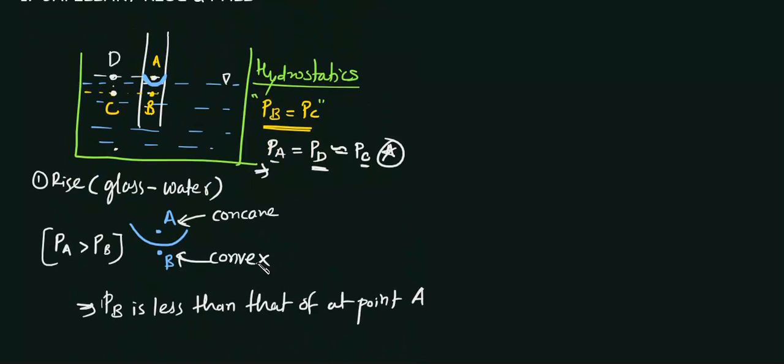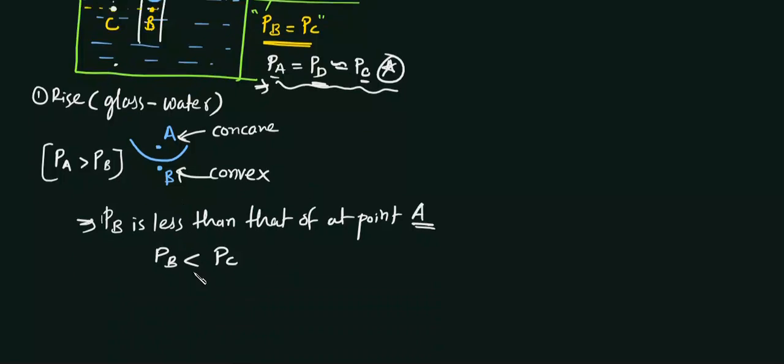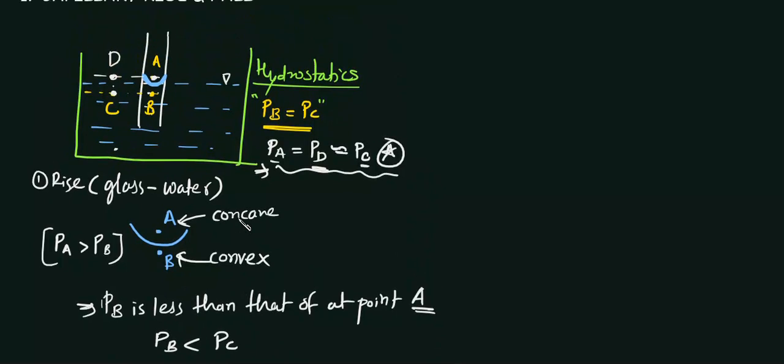But PB is less than pressure A, or you can say PB is less than PC, because these three are equal. PB is less than any of the pressures PA, PD or PC. So I am writing here PB is less than PC. Though B and C are at the same horizontal level, they do not have equal pressures.